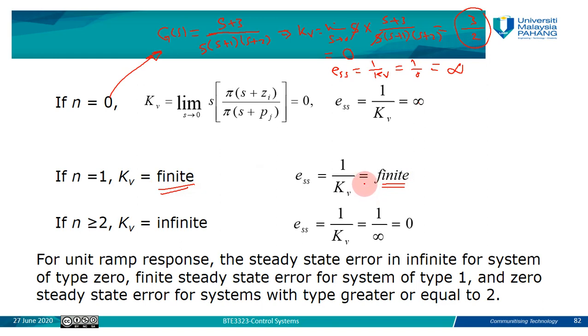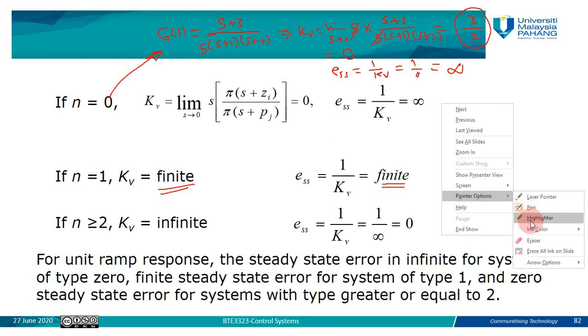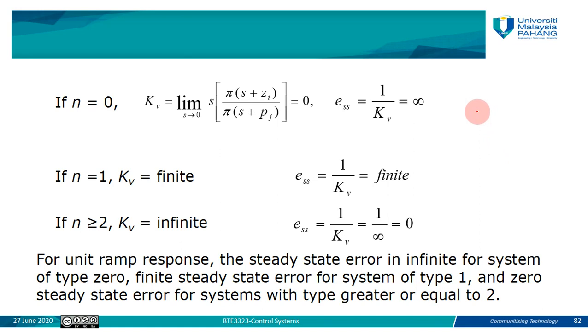In the case of system type 2 or 3 or 5 or 100, that means you will have more than one s in the denominator. If you have more than one s in the denominator, you will just remove one of your s and the rest will stay there.